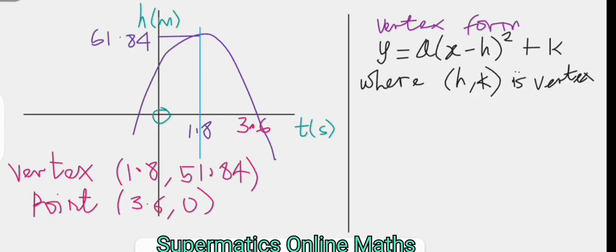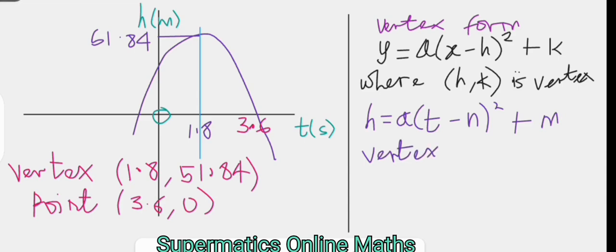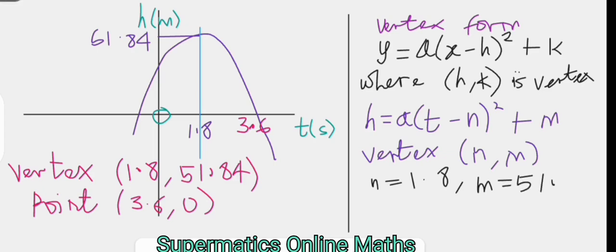In this situation, since we are dealing with height and time, we're going to express the vertex form as h equals a times the quantity t minus n to the second power plus m, where the vertex in our case is (n, m), and this, from what we visualized earlier, is 1.8 for n and 51.84 for m.